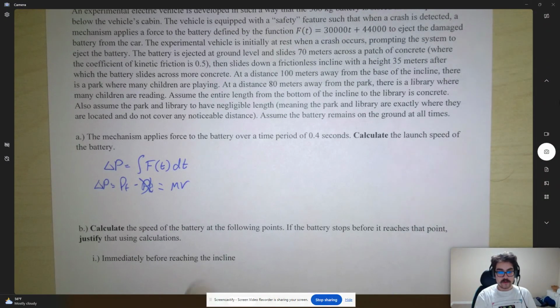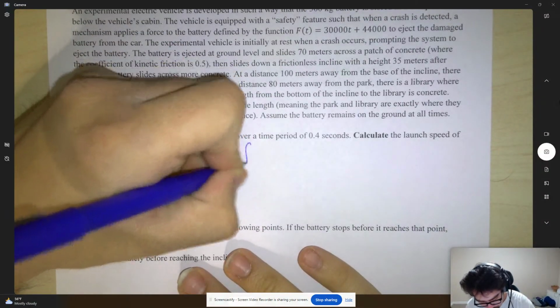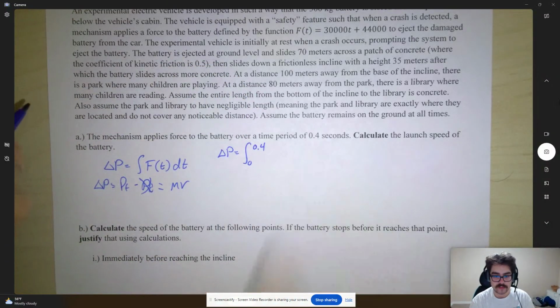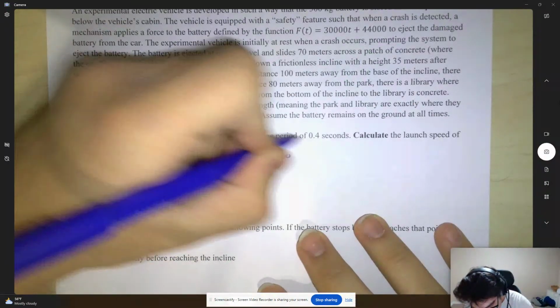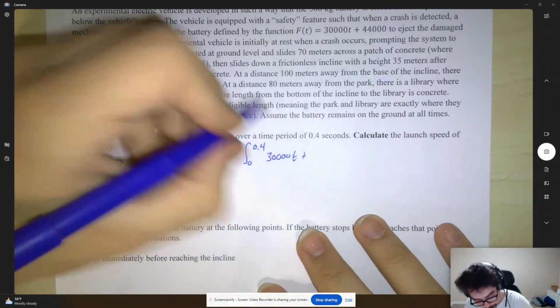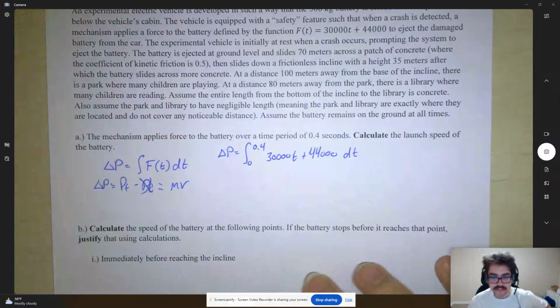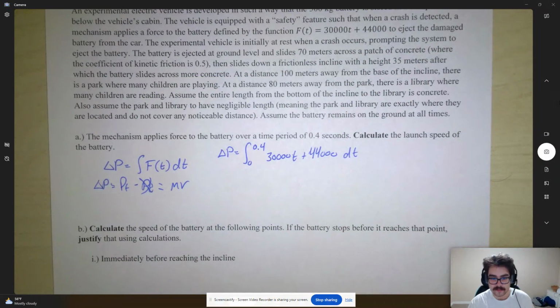Okay, so when I calculate this, I'm going to integrate from 0 to 0.4, because it applies over a period of 0.4 seconds, 30,000, you know that old meme, 30,000. You don't know what I'm talking about, Google that one too. 44,000 dt, can't forget the differential term, even though in physics we typically don't really mess with it too much.